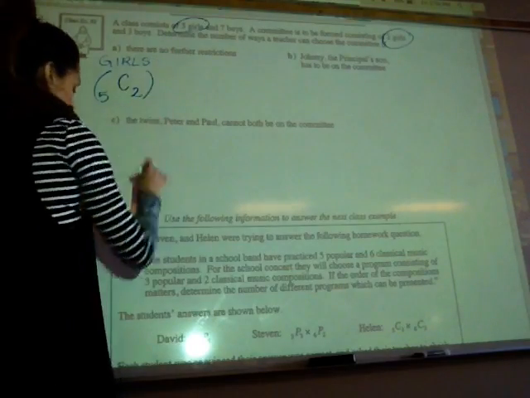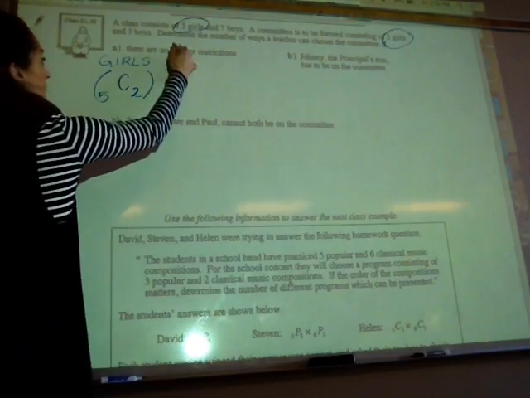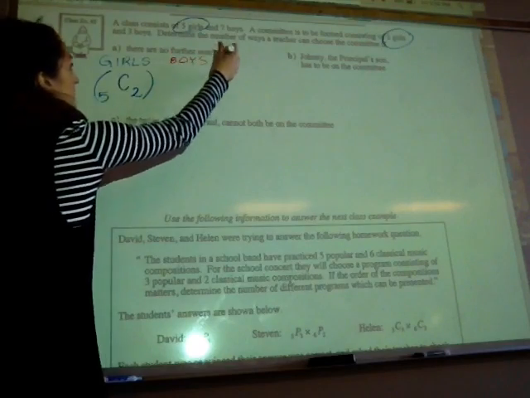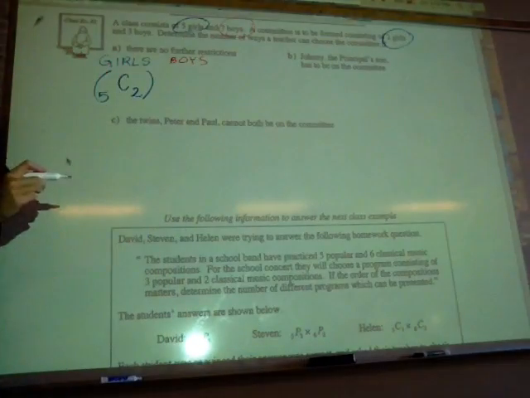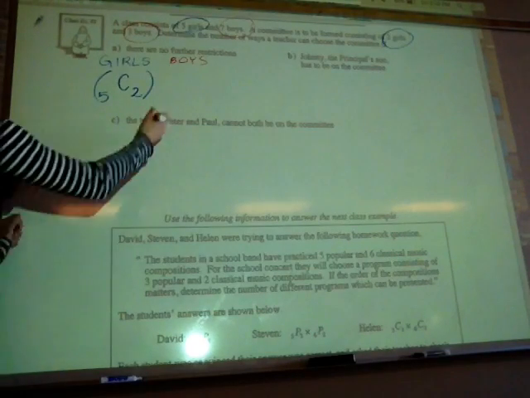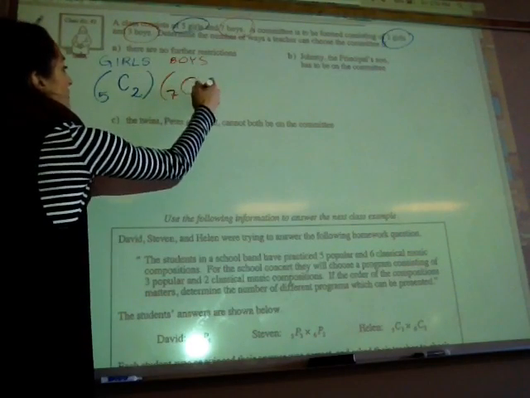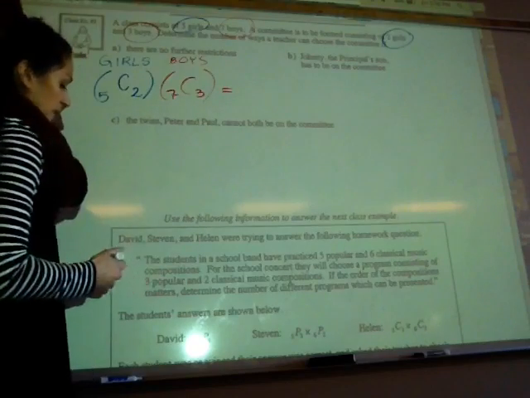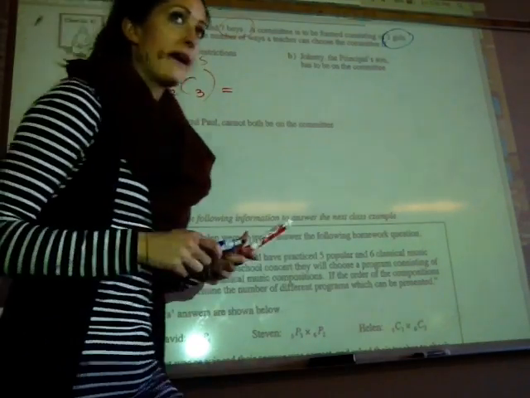And out of the boys, there's 7 boys in total. I'm going to take 3 of them. So 7 choose 3. Then we just multiply that out, see what we get.